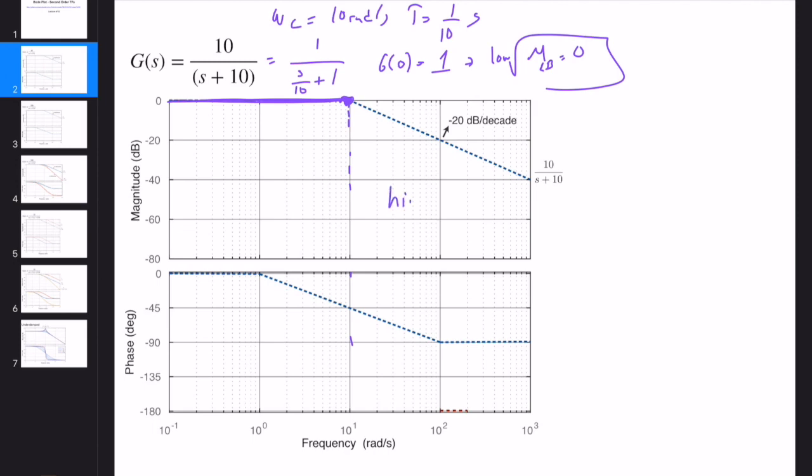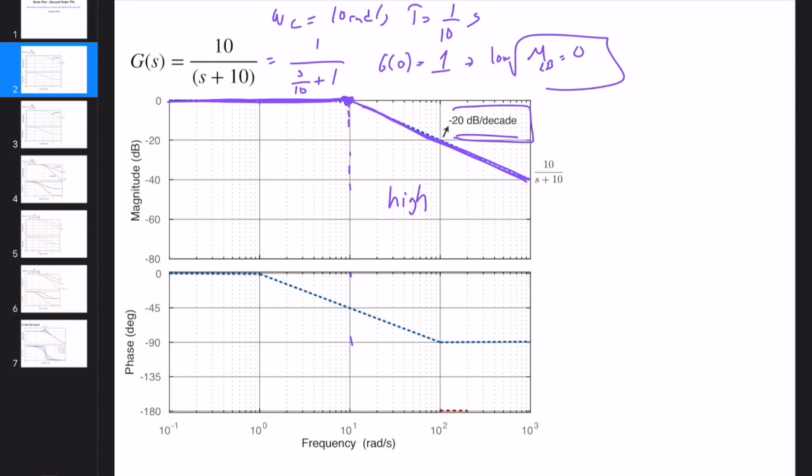But now it is a line which has a trend equal to minus 20 dB per decade. And if you remember, for all first order systems at high frequencies, you need to see an approximate line which has a minus 20 dB per decade tendency. Okay, so this is everything that you need to know about the magnitude of a first order expression.